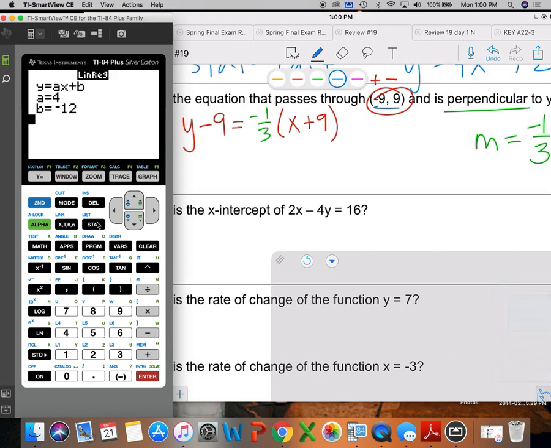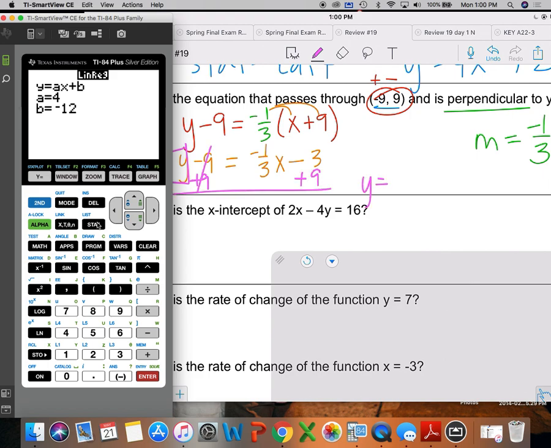To solve, you would distribute -1/3 to x and -1/3 to 9. And then solve for y by adding 9 to both sides. So y is -1/3 x plus 6.